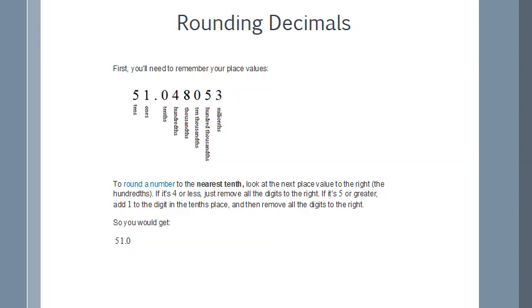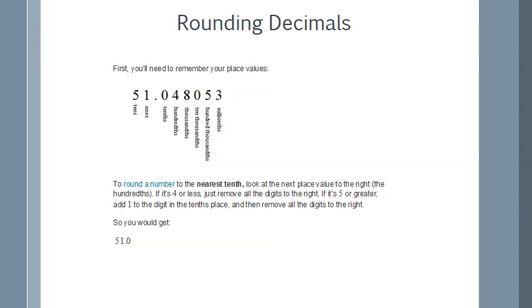And there are 2 things that we have to look at to determine what to do with the number 4. If the 4 is 4 or less, we're just going to remove all the digits to the right of that. But if it's 5 or greater, we add 1 to the tenths.